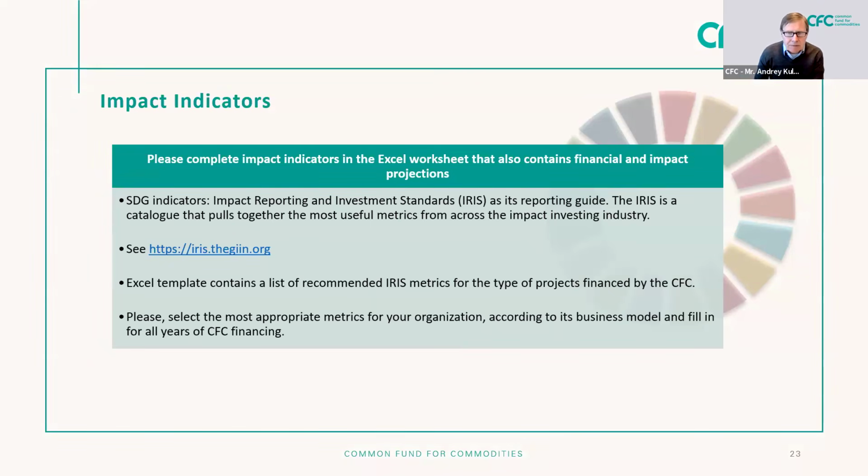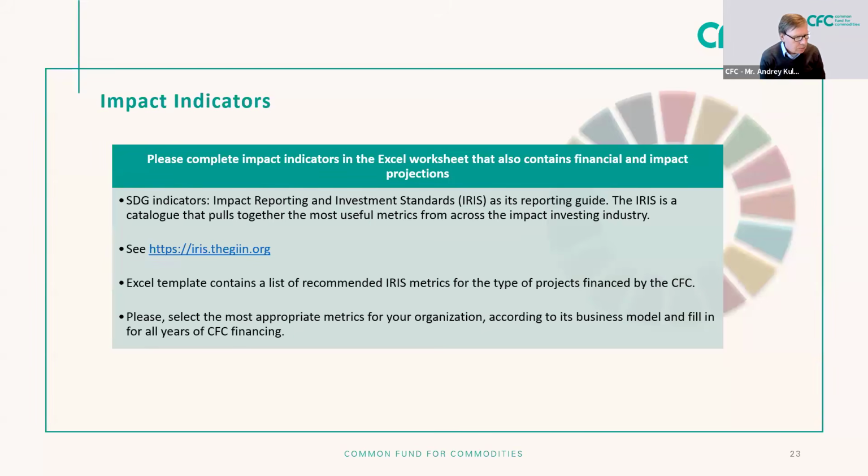To be specific, we do require you to propose impact indicators. There is a fairly complicated system developed by the Global Impact Investment Network, where you can find the relevant and specific impact indicators that will reflect your project proposal.